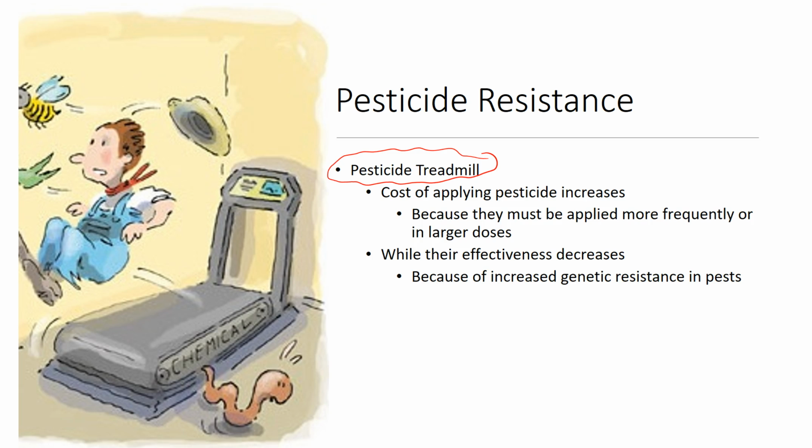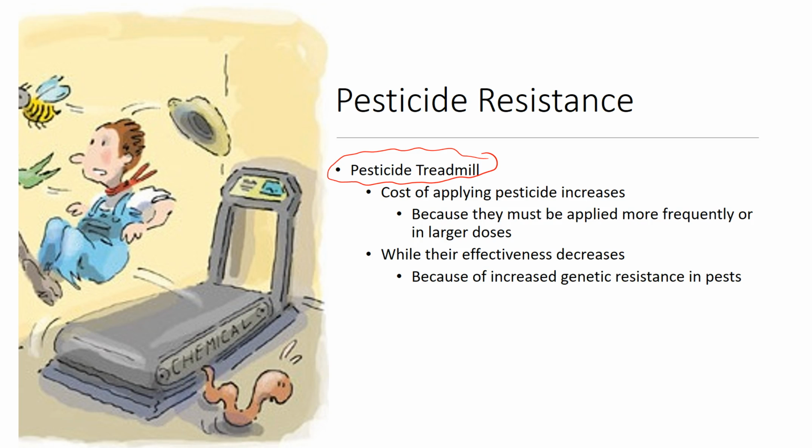Because what we start to see happening is that return on investment that farmers get has been slowly decreasing over time, right? So they're having to either apply more pesticides more often, or a larger variety, or in larger quantities to make them more potent. Okay, so their effectiveness is decreasing, all the while we're having to apply more and more, put more and more time and energy into their use. So that's what that pesticide treadmill refers to.